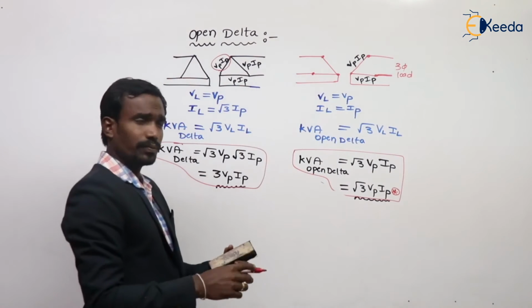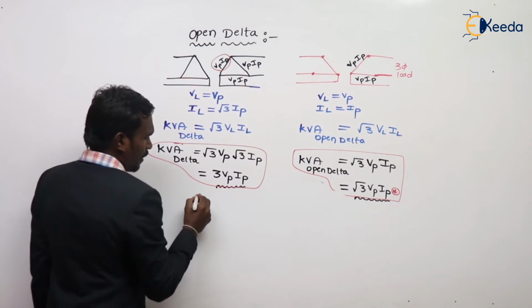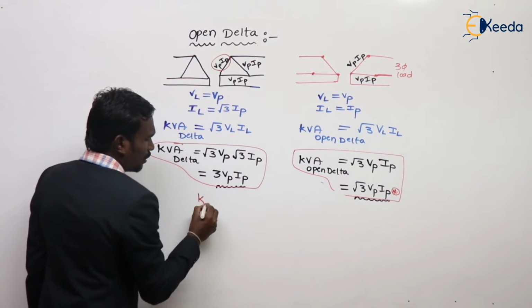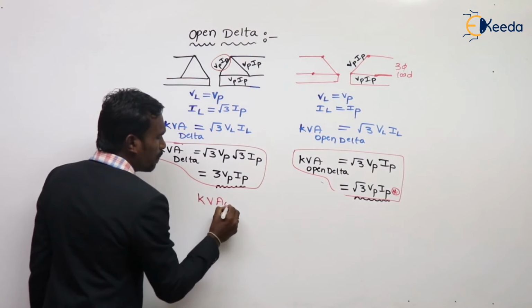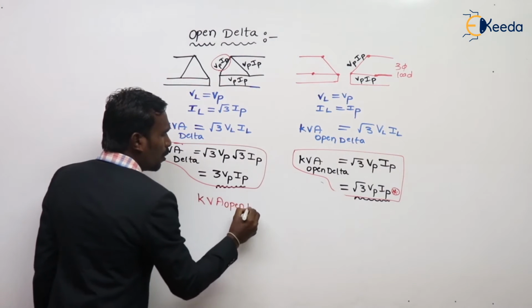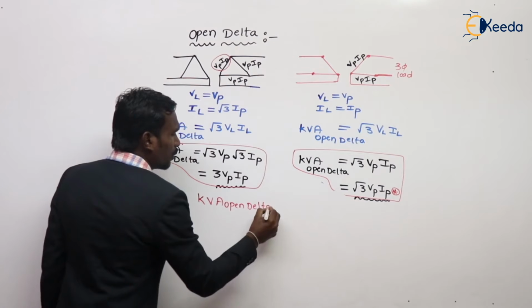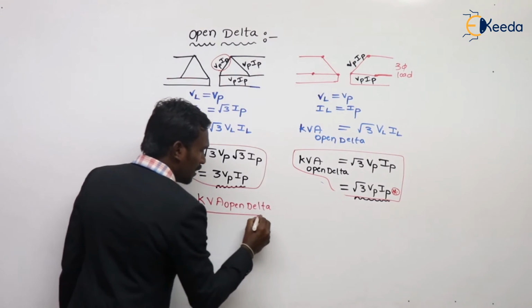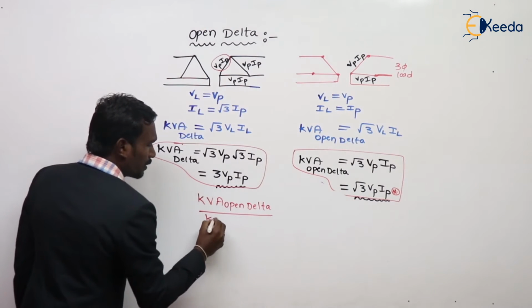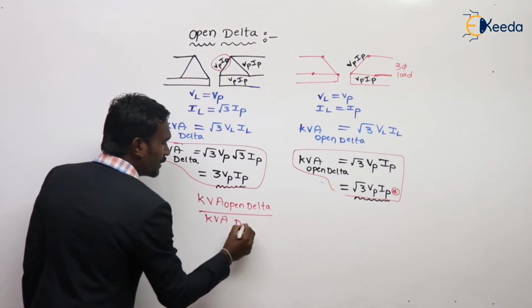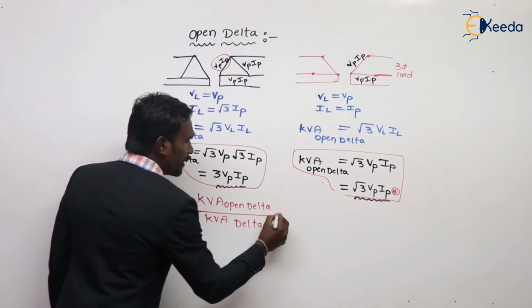Let's see, what is the load shared by open delta? The load kVA of open delta with respect to the load kVA of delta.